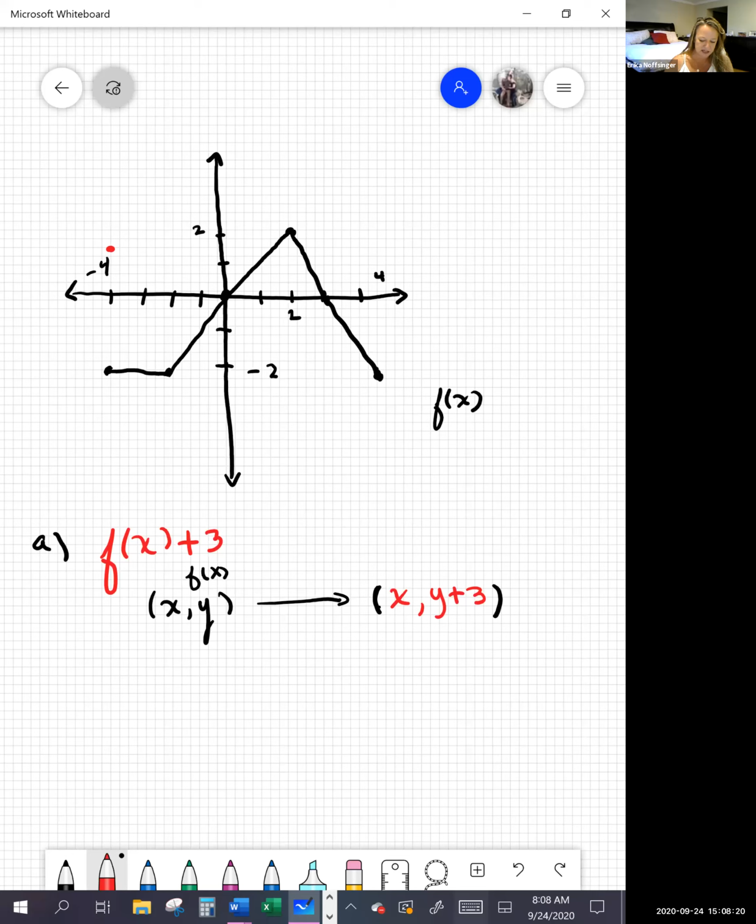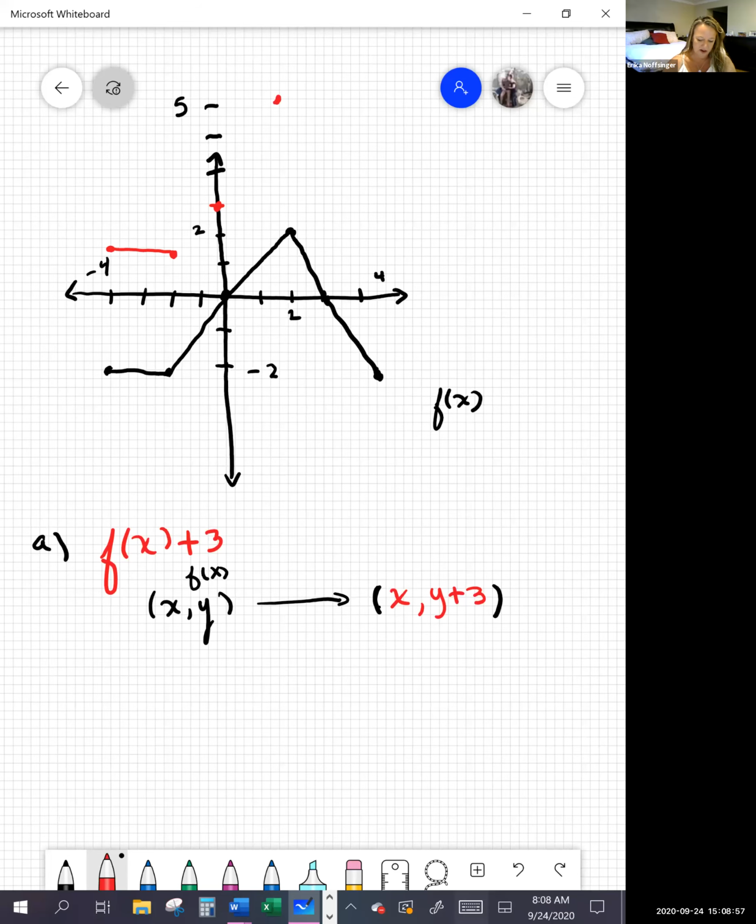Same idea at 2, -2. If we shift it up 3 units, we're going to have a point at -2, 1. Our origin, that was at 0, 0, shifting it up 3 units gets us to 0, 3. The point that was at 2, 2, shifting that up 3 units gets us to 2, 5.